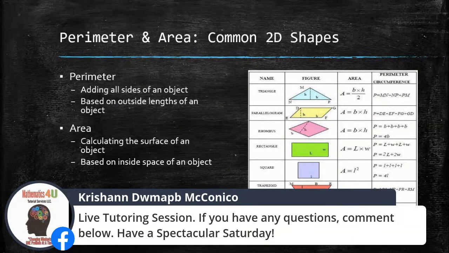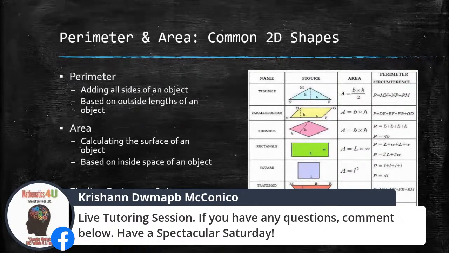The green space is what we're getting for the area. How much space does this rectangle take up? And it's always in square units. It's based off of square units. So the green space area would be the length times the width.